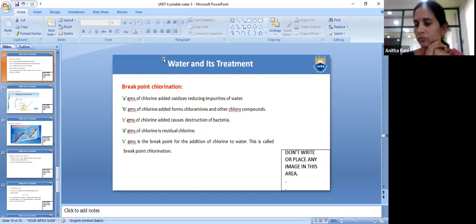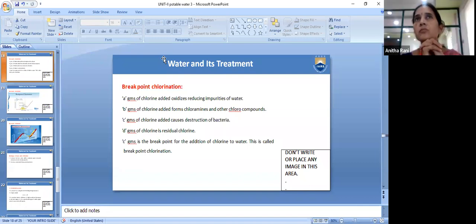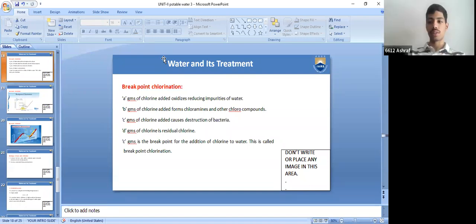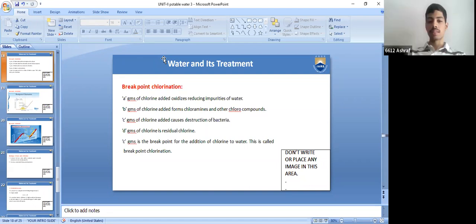By adding, first we'll add A grams of chlorine, so that will oxidize all the reducing impurities. And the second thing, when we add B grams of chlorine, the chlorine forms chloramines and other chloro compounds. And when we go on adding another C grams of chlorine, it will cause destruction of bacteria.